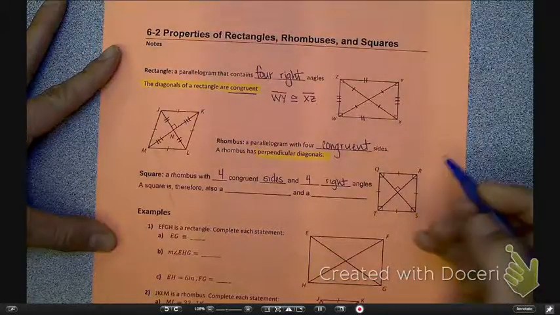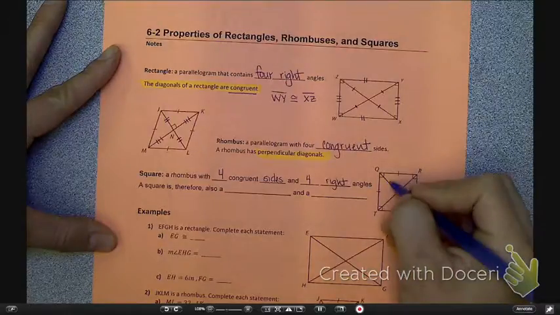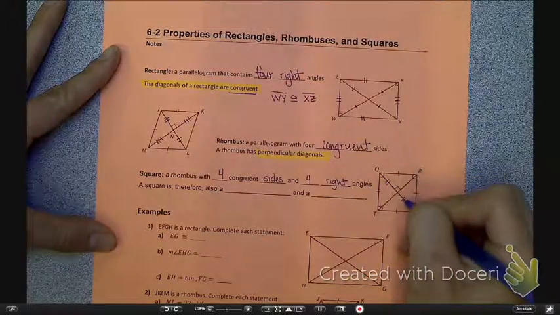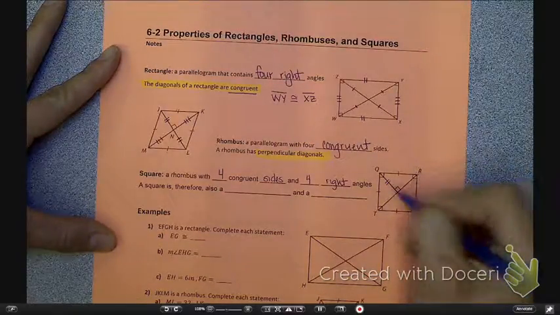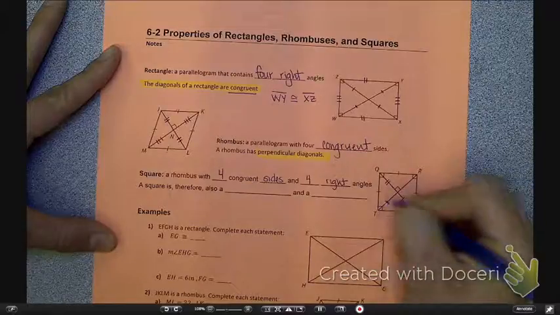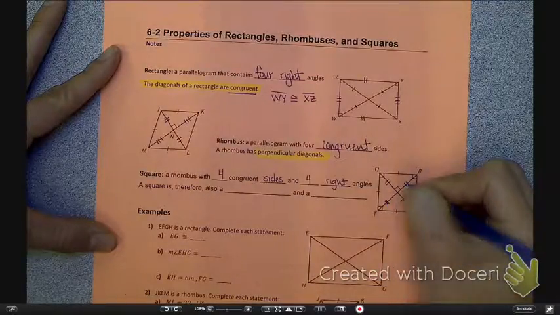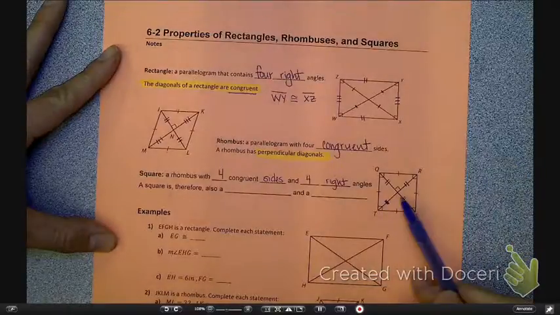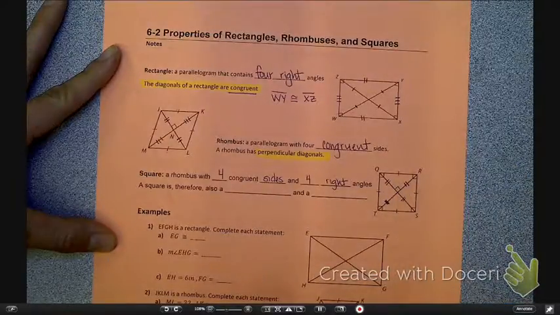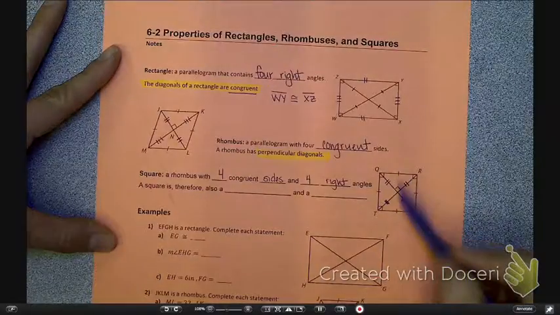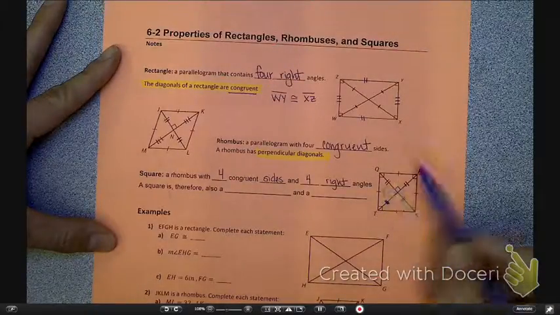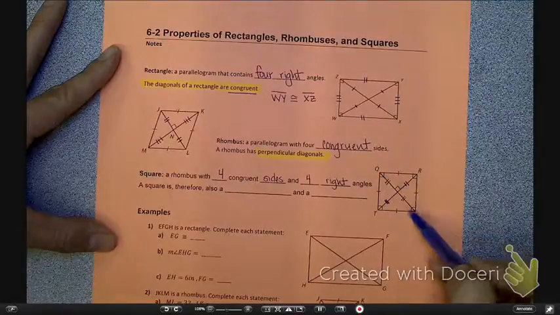So the diagonals do bisect each other. Both of the diagonals are congruent to each other because it is a rectangle, so it gets that property from rectangle. The diagonals make a 90-degree angle. Opposite sides are congruent and parallel. Opposite angles are congruent.